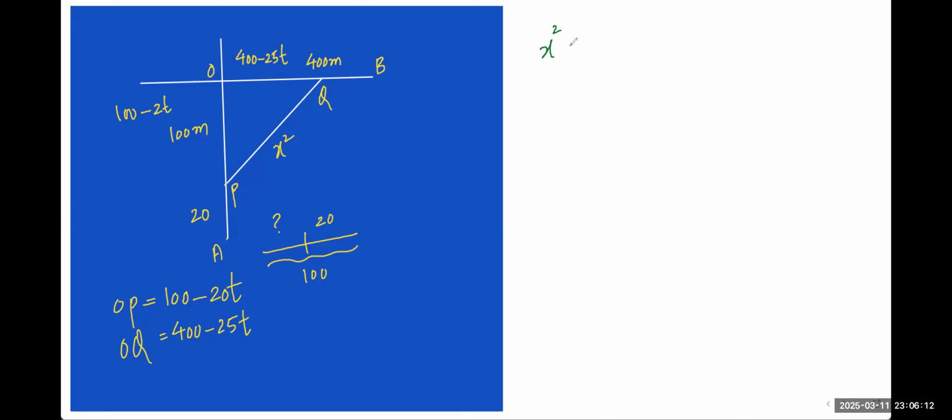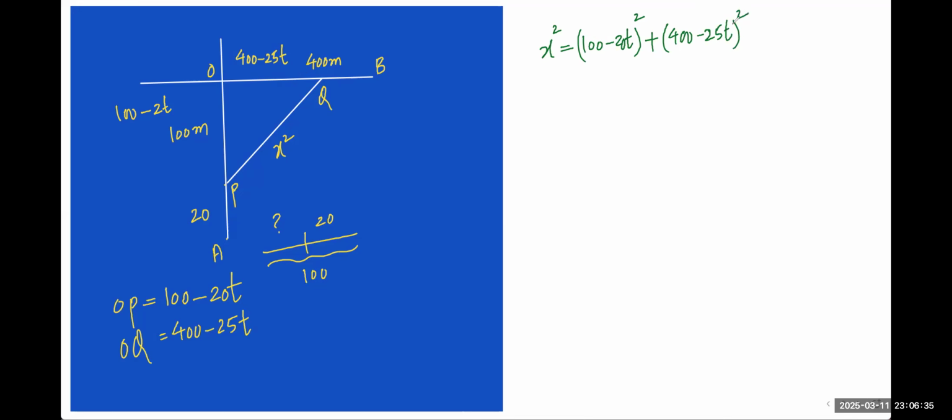x squared is equal to (400 minus 25t) squared, this is OQ squared, plus (100 minus 20t) squared, this is OP squared. Sorry, I wrote 2t here; it's 20, no? Yeah, it's 25. Sorry, 25.